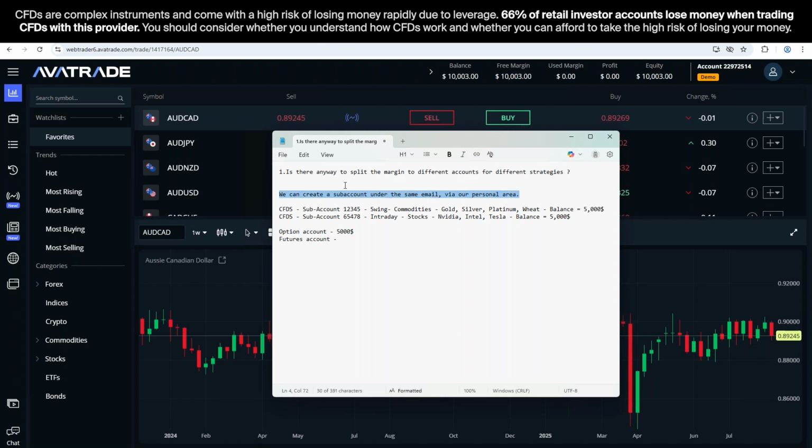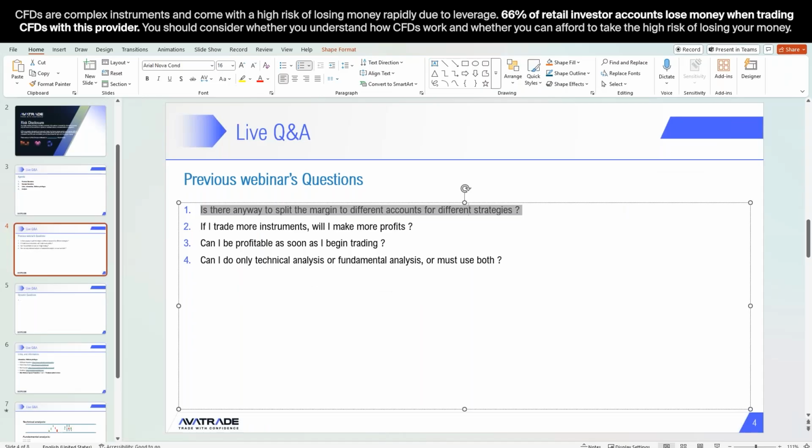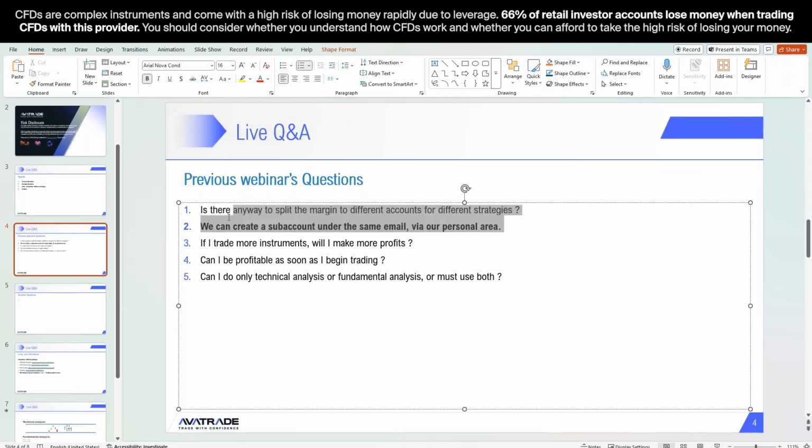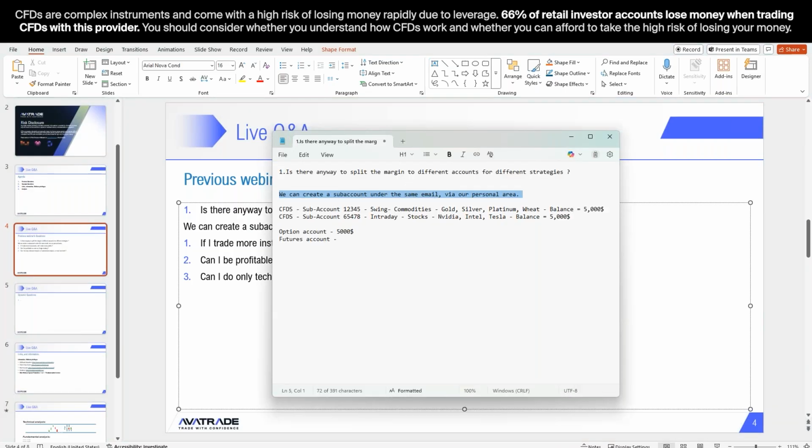Okay, so I'm going to take the answer here and paste it right under the question. Hopefully, there we are. And the second question, maybe we'll add the examples as well.